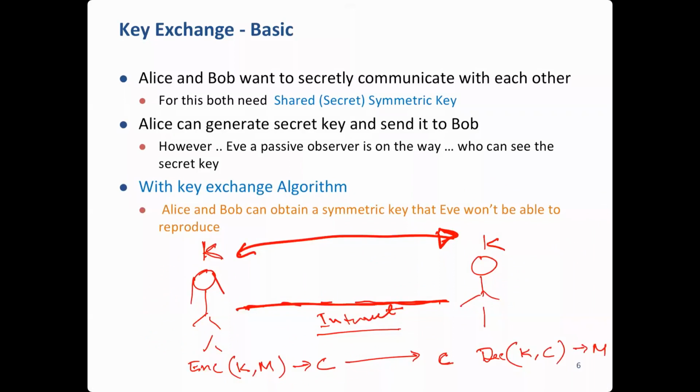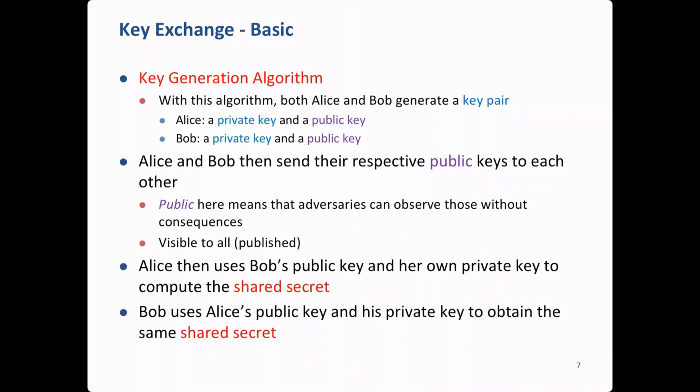So Alice generates two keys: private, which we call SK, secret key Alice, and PK, public key Alice. Similarly, Bob generates two: SK Bob and PK Bob.